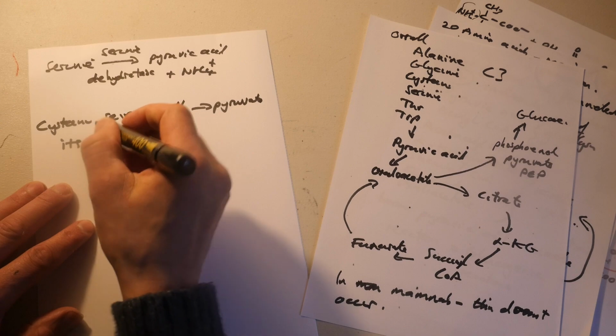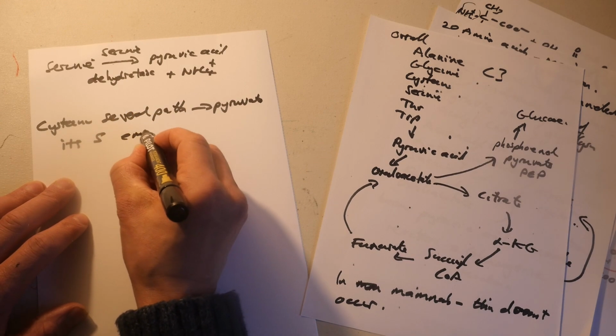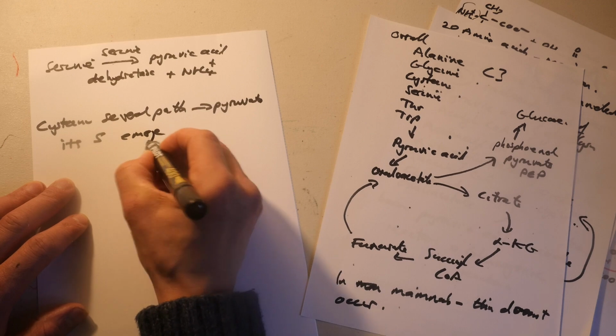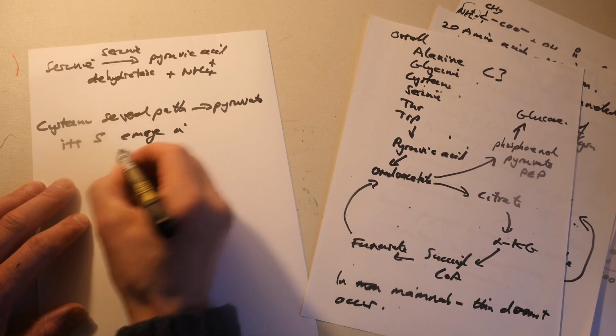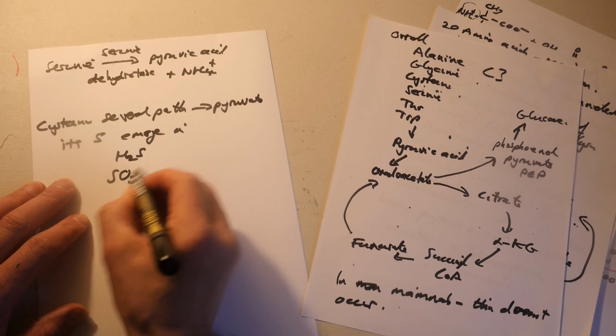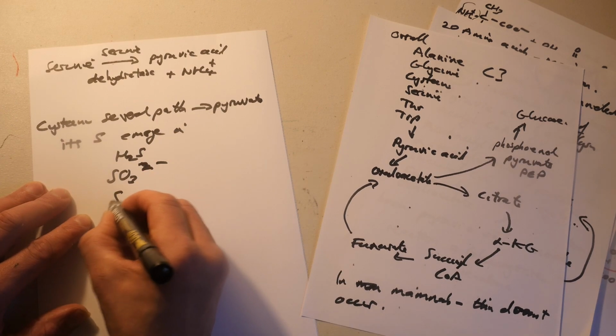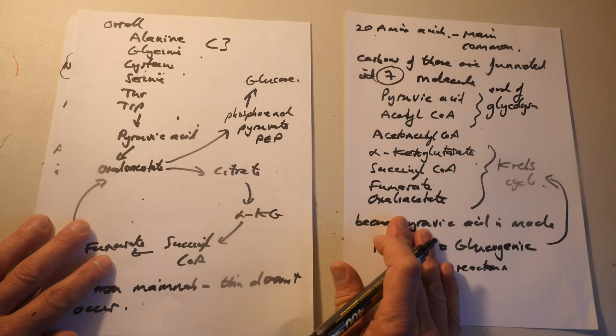The sulfur atom can emerge as H2S or SO3 2 minus or SCN.